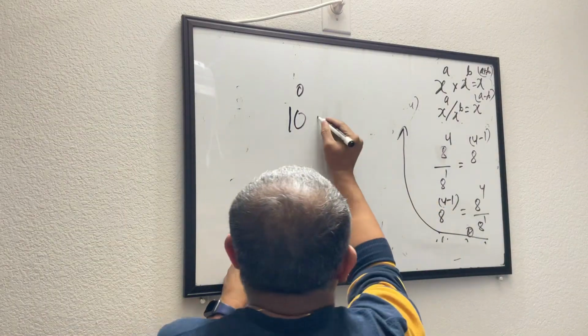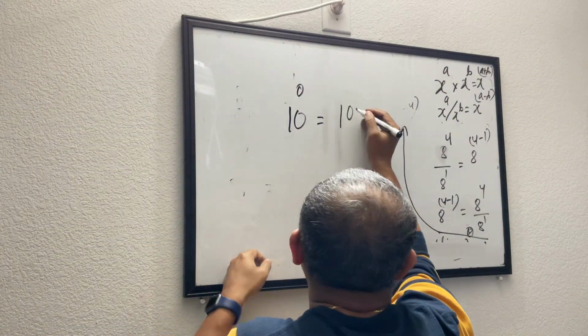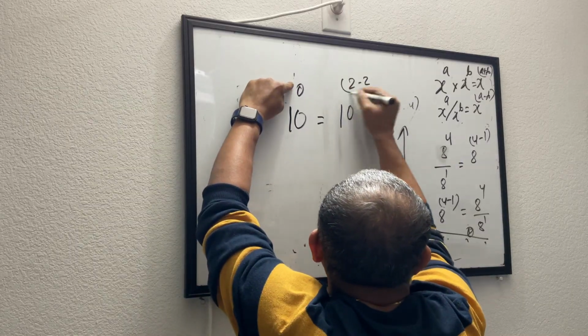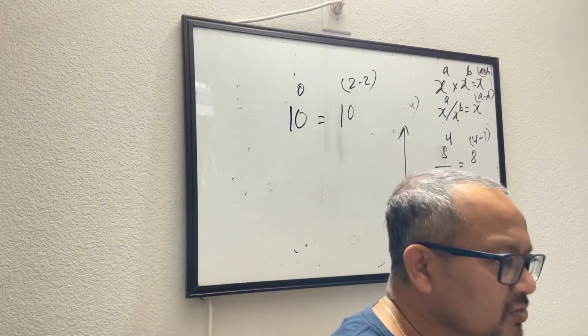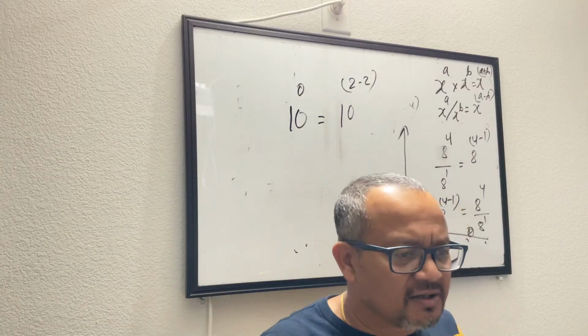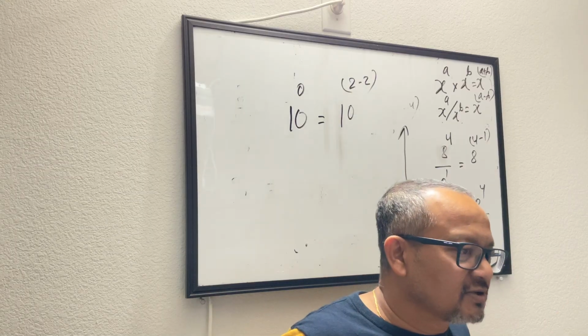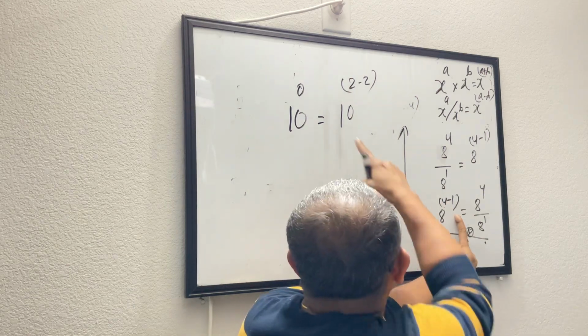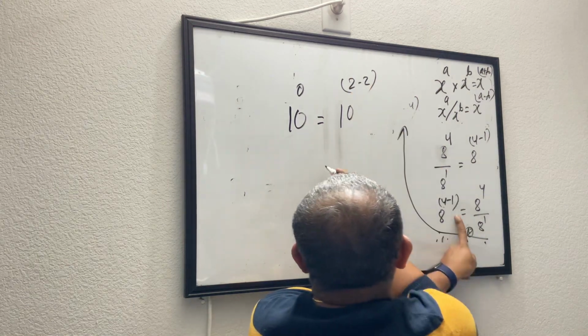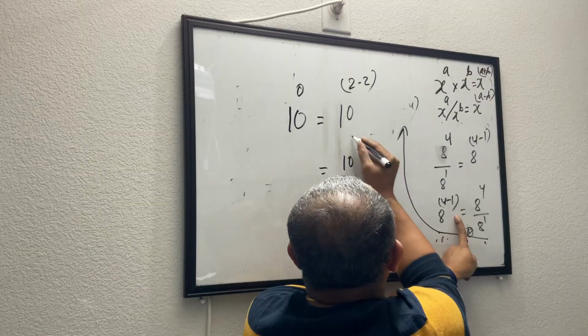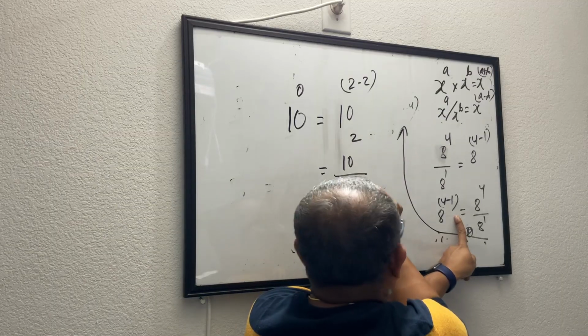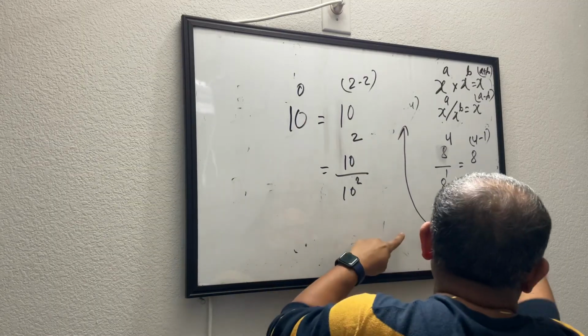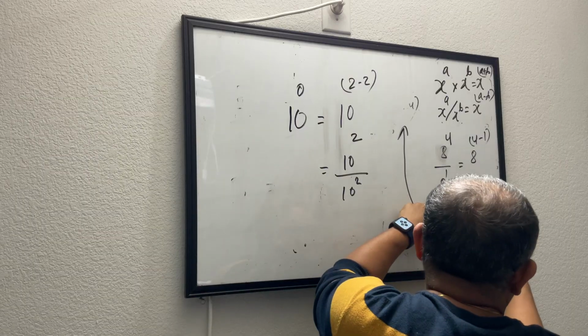Now look at it, 10 power 0. Can I say 10 to the power 0 as 10 to the power 2 minus 2? Is this okay? 2 minus 2 is 0. I can say 3 minus 3 also is 0. 7 minus 7 is also 0. Go back to this guy. If you have something to power this minus this, that means 10 to the power 2 divided by 10 to the power 2, numerator here, denominator here.